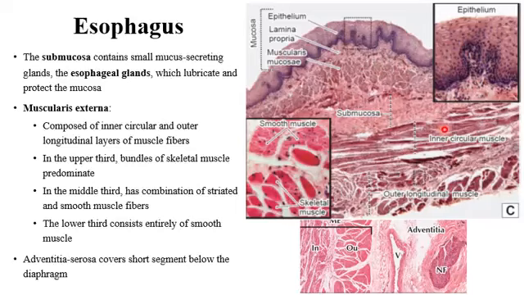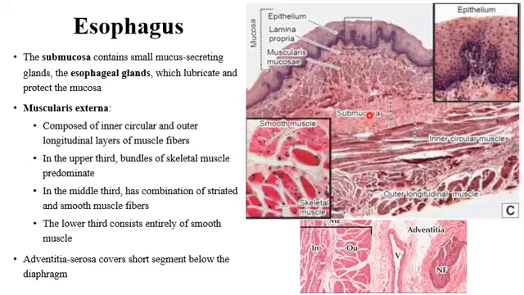Here in this figure of the middle third of the esophagus, unlike the previous figure, this esophageal section was cut transversely. Therefore, the muscle fibers in the inner circular layer were cut longitudinally, while those of the outer longitudinal layer were cut transversely.